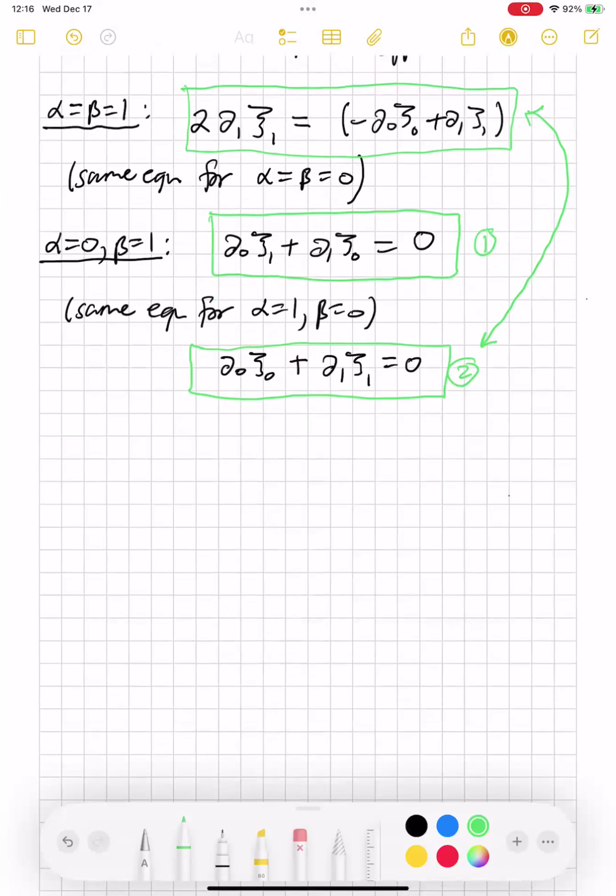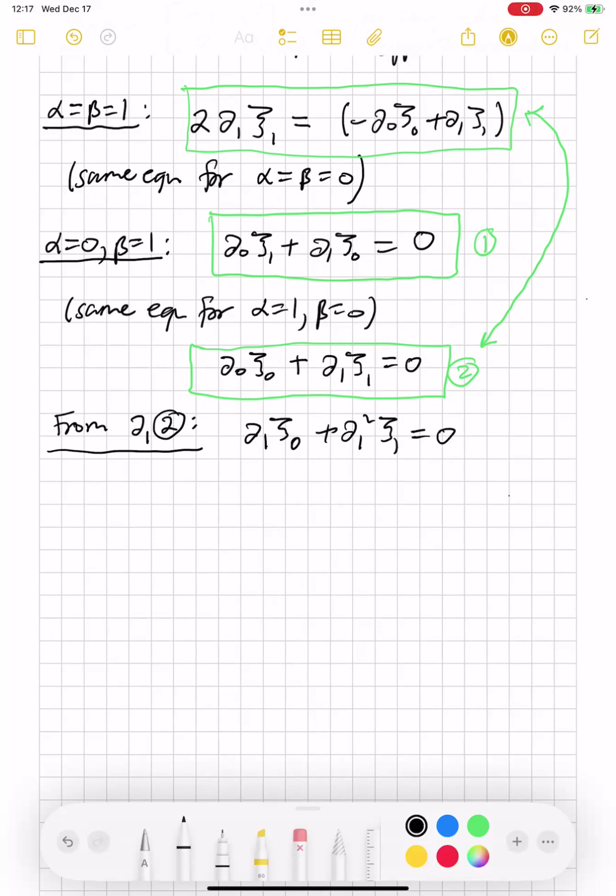Okay, so now let's take a look at 1 and 2. From the derivative with respect to 1 of equation 2, what do we get? If we take a derivative d1 of equation 2, we get d1 d naught zeta naught plus d1 squared zeta 1 is equal to 0.